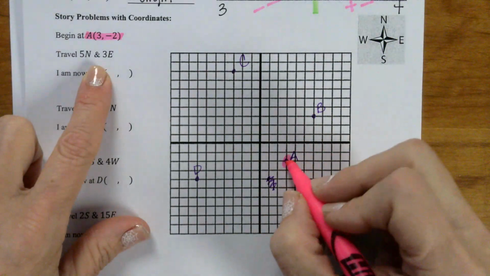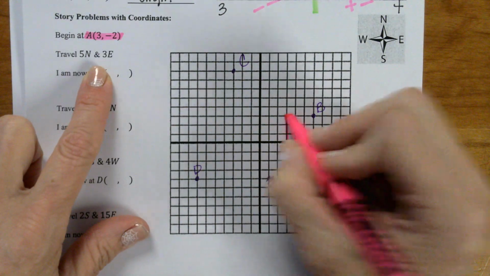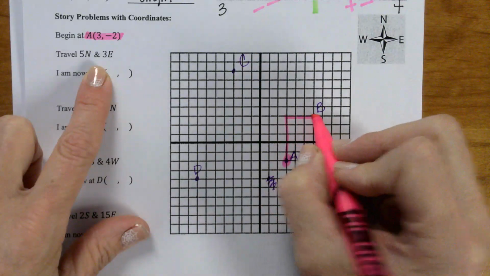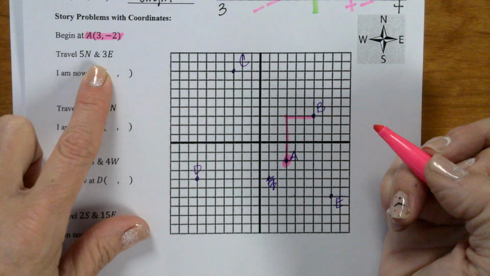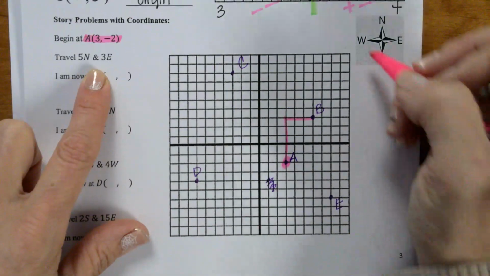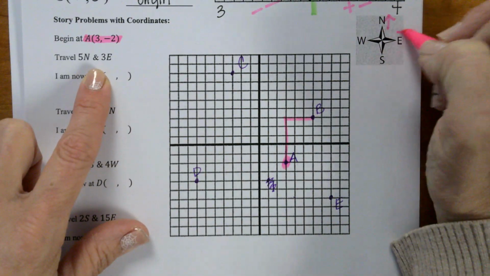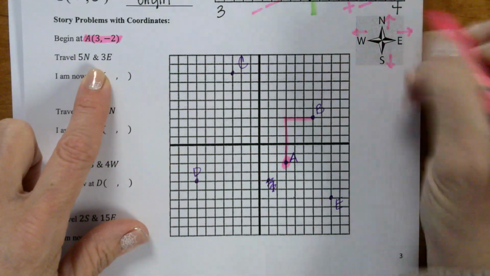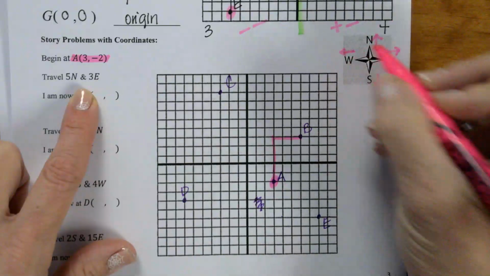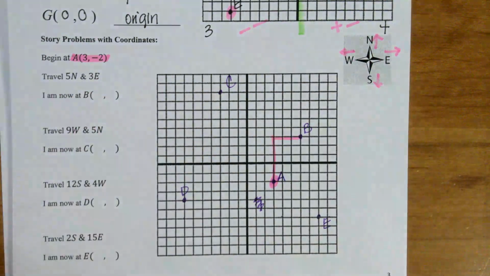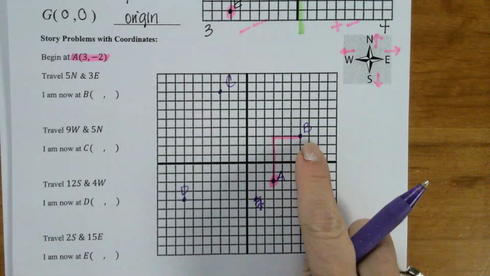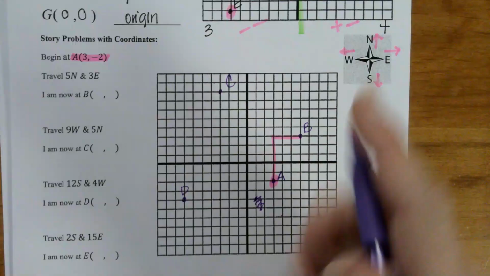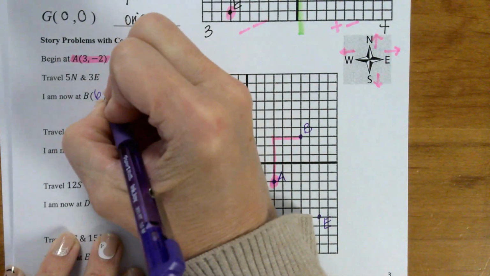So I'm going up 5, and I'm going 3 to the right, because that's up, and that's east. South is down, west is to the left, just so you know. Now at B, I'm going to put a point and a B there, and what ordered pair is that? That is 6, 3. Very good.